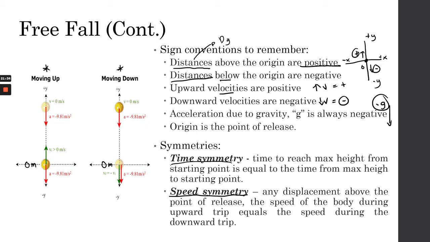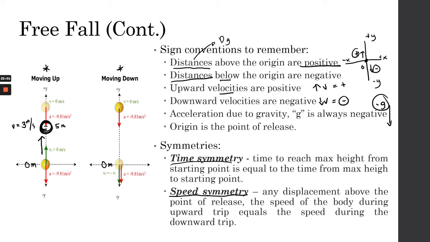If I throw a ball, and let's say this is 5 meters, and it is going up, and when the ball reaches 5 meters after I throw it, let's say the velocity is 3 meters per second.